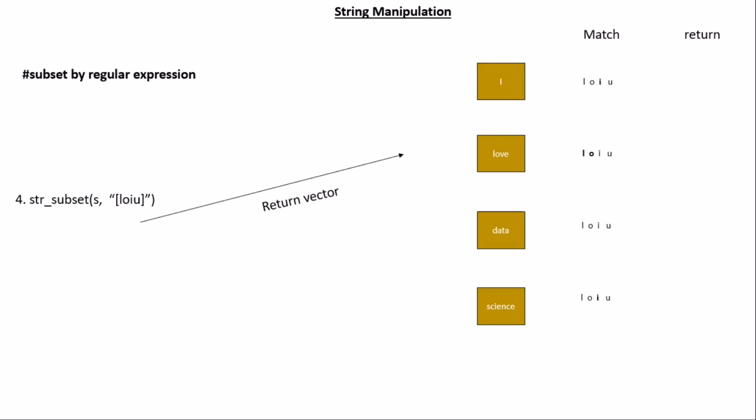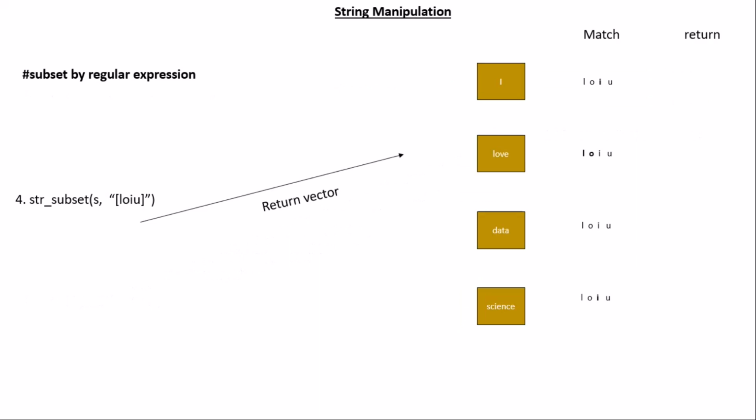This is our fourth function, str_subset. This is very important because you use it most of the time, and it is a very useful function. It is used to subset by regular expression.